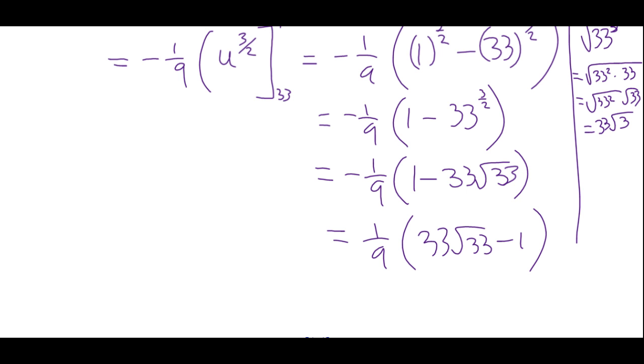And then we've got that negative out front, so we'll make it positive, flip the signs in the brackets, and away we go. It's not supposed to say 33 root 3. It's 33 root 33, right? Yeah, did that twice.